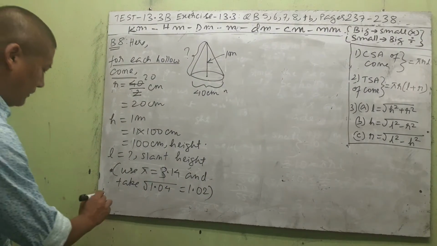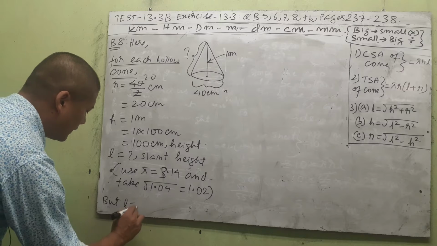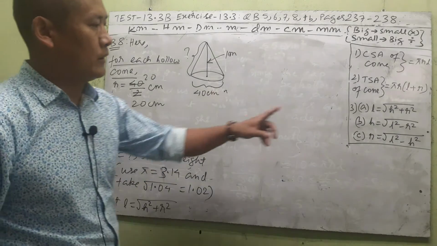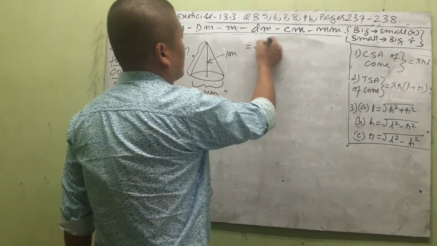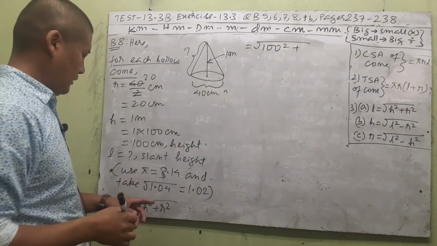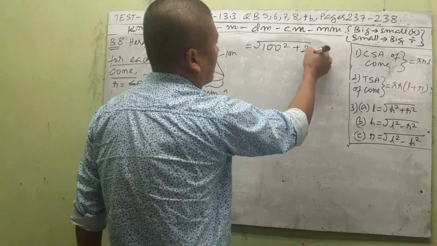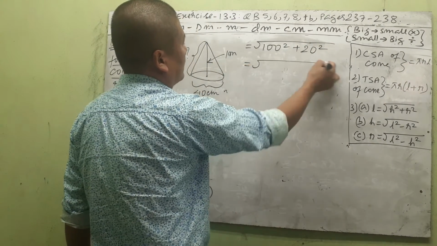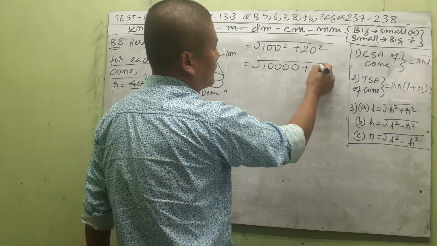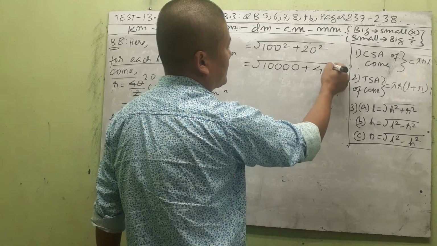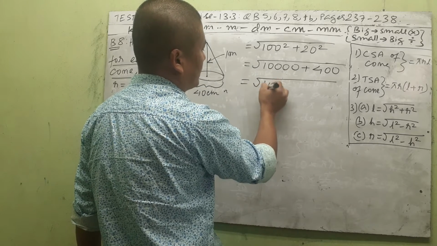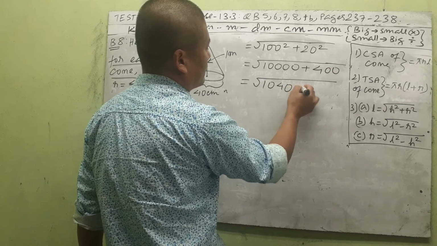But we know by formula, to know the l, root over h square plus r square. Find this l. You can use this one, so that will be equal to root over h is 100, so 100 square plus r square, here 20 square. So 100 square means 2 zeros will become 4 zeros. 20 square means 2 twos are 4, and 1 zero will become squared, so 00, 400.